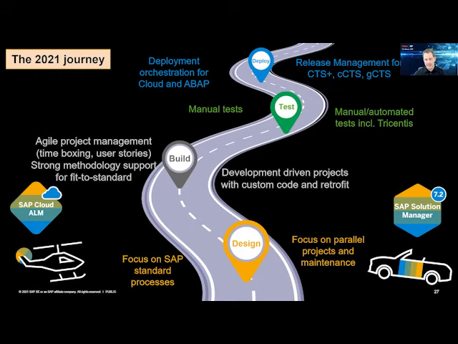So let's start in the journey and begin with design. If you want to focus on SAP standard processes, if you can reuse processes that are delivered as part of the SAP content in design, this is a good indicator that SAP Cloud ALM is a good choice for you.